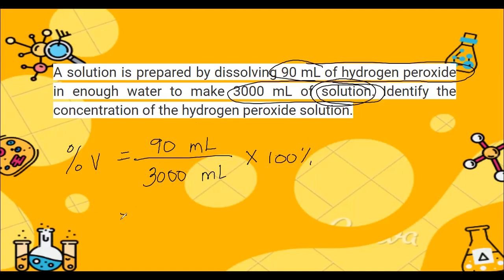Okay? Now, let us cancel out the same unit. 90 divided by 3,000 times 100, we will get 3%. So our percent by volume is 3%.